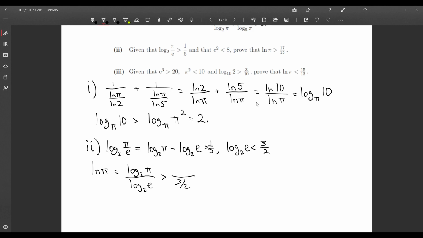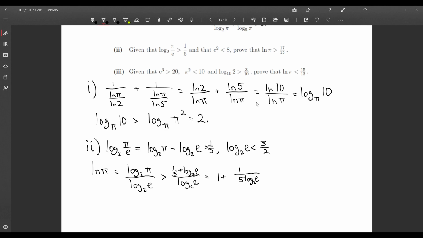So this is going to be bigger than 1/5 plus log base 2 of e over log base 2 of e, which is 1 plus 1 over 5 log base 2 of e.